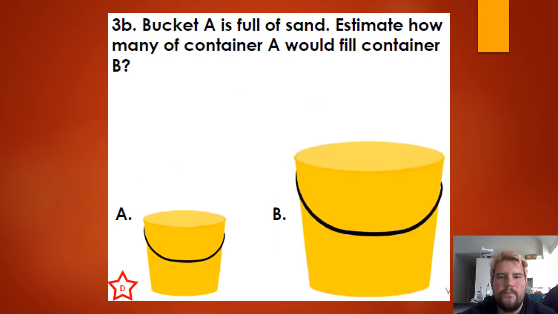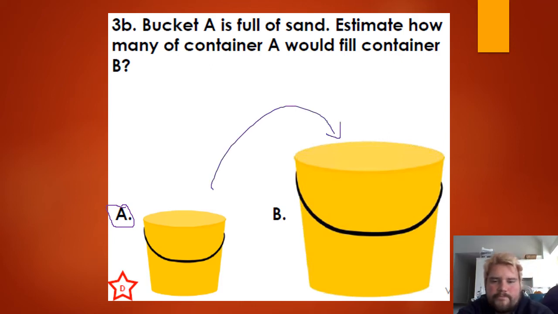Okay, another one. These are quite tricky, I find. So bucket A is full of sand. Estimate how many of container A would fill container B. So how many full buckets of sand would fill container B? Tricky.